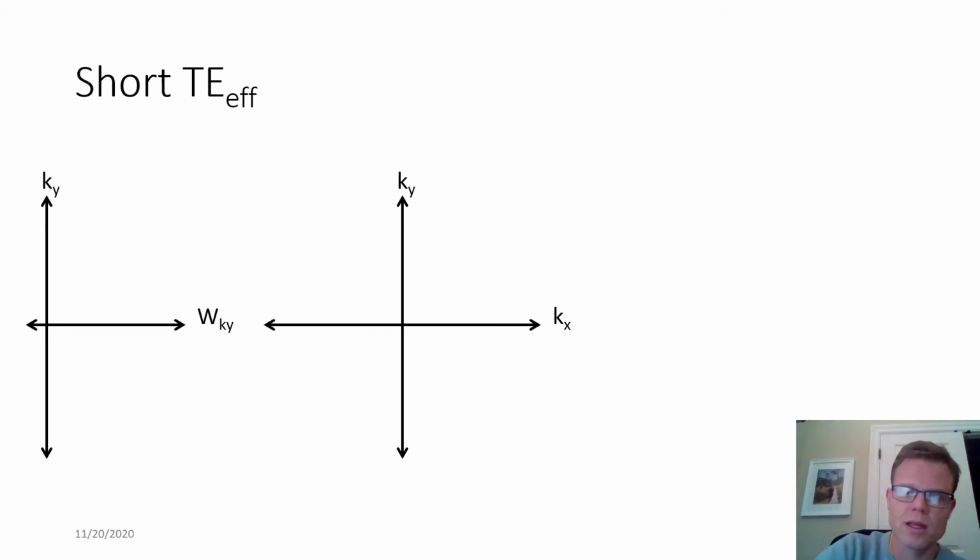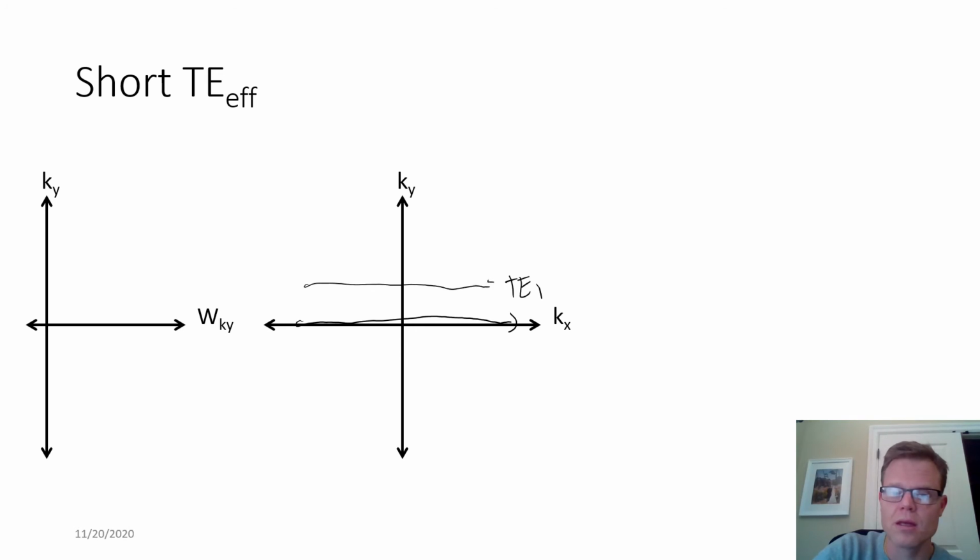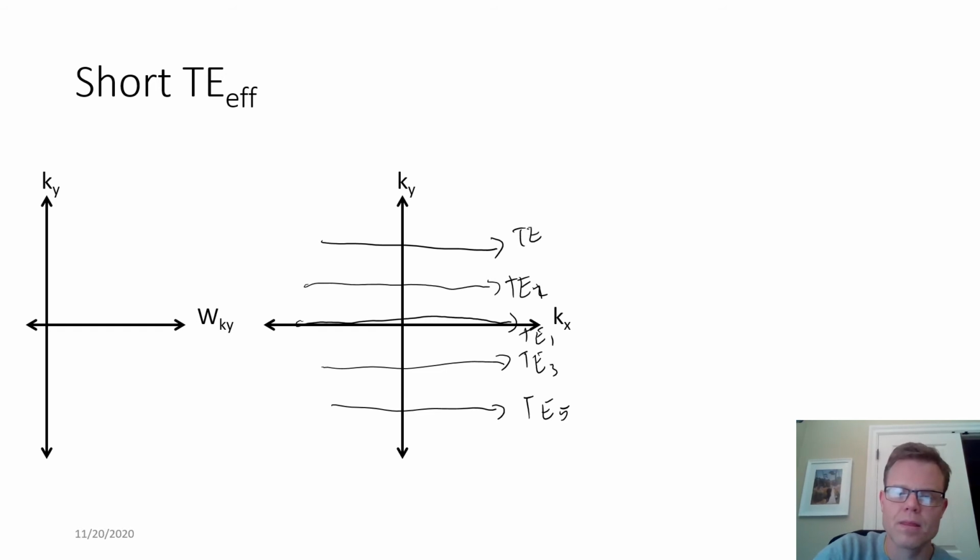So previously we started with TE1 at the bottom here, but we can actually start with TE1 right at the center of k-space here, and then do something like this. So let's change this to where we would acquire our later echo times data as we go further out in k-space.